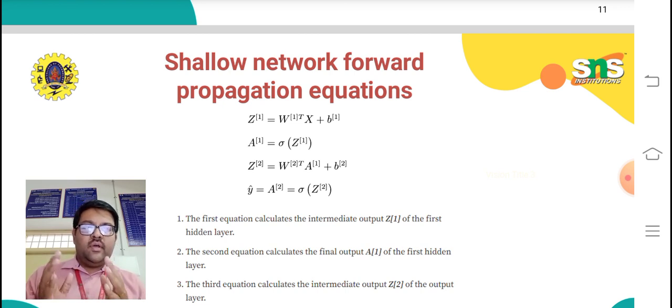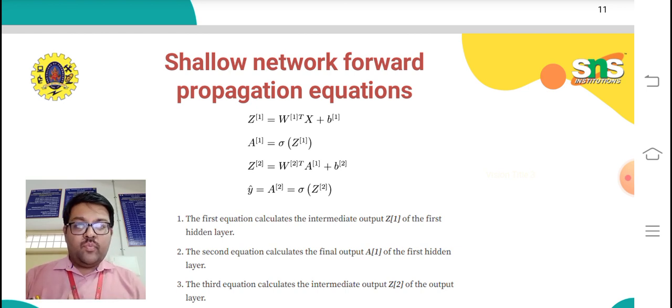So the network forward propagation equations will be the Z to the power 1 equation, that is Z corresponding to layer 1, and the A to the power 1 equation, then the Z to the power 2 equation, and then the Y equation. The first equation calculates the intermediate output Z to the power 1 of the first hidden layer. The second equation calculates the final output A to the power 1 of the first hidden layer.